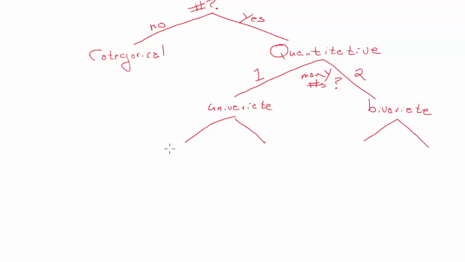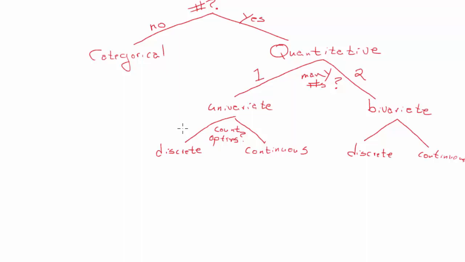For both of these categories, we can break this down further to discrete versus continuous. The question we might ask here is, can we count our options?